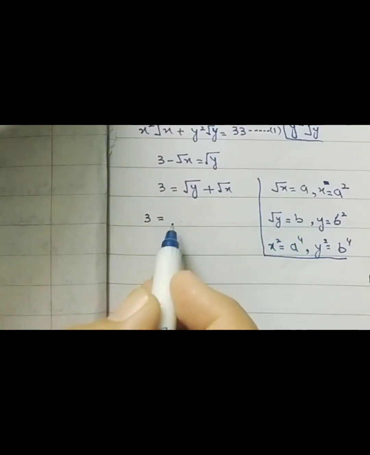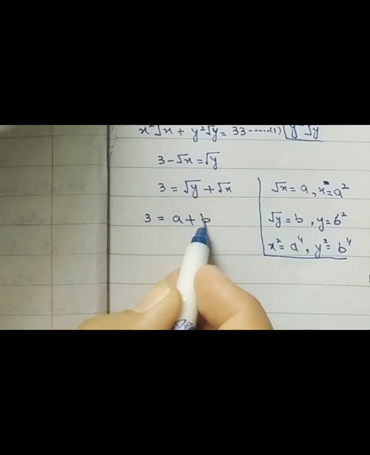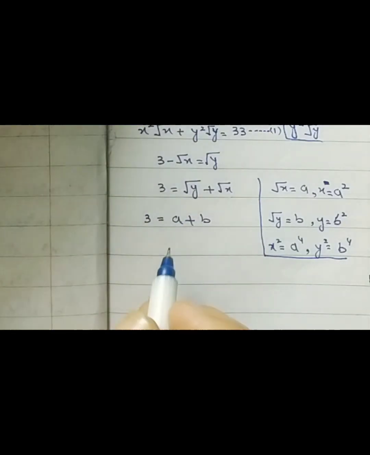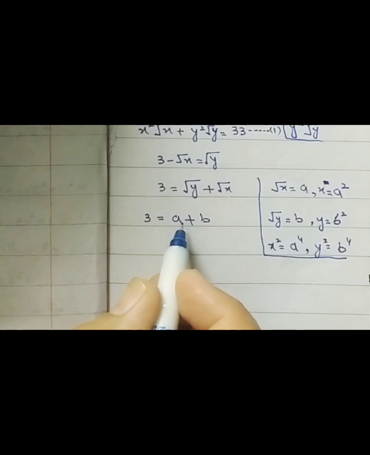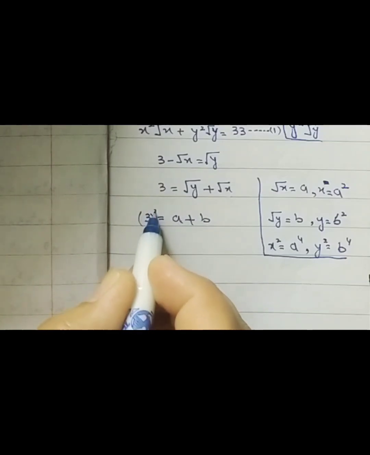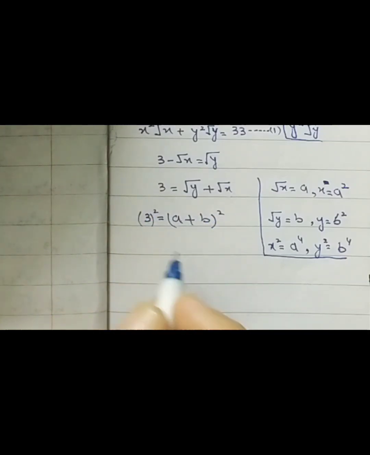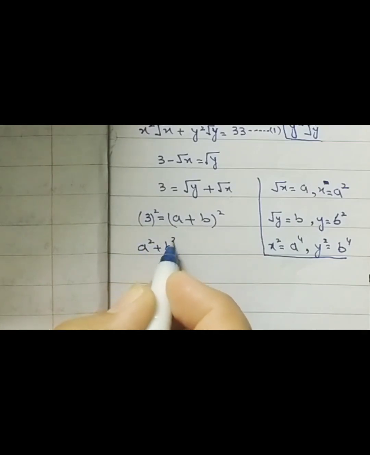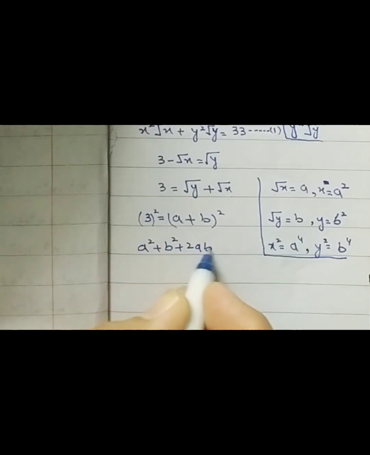So substituting the value of square root x and y in this equation, we get 3 is equal to a plus b. Squaring both sides, we can write here a square plus b square plus 2ab is equal to 9.